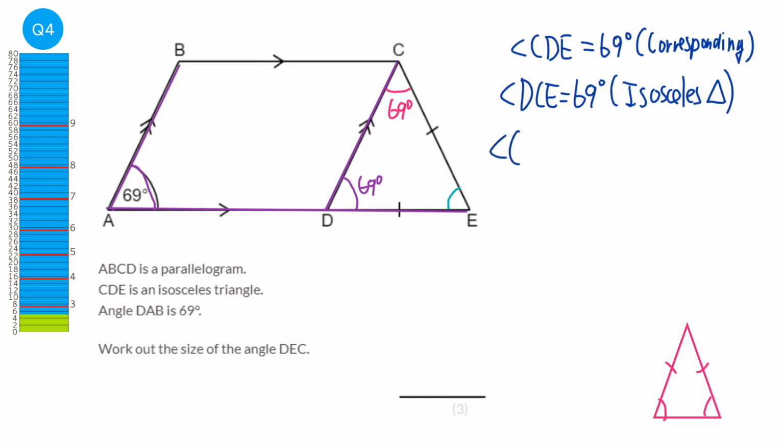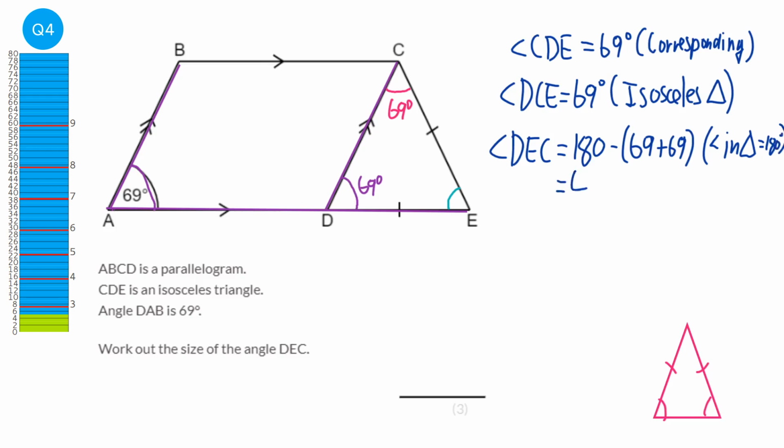So angle CED, or actually I should keep it as it says in the question, DEC, is equal to 180, take away the 69 plus 69. And the reason for that is angles in a triangle equal 180 degrees. And when you do that, you get the answer of 42 degrees. So the answer is 42 degrees.